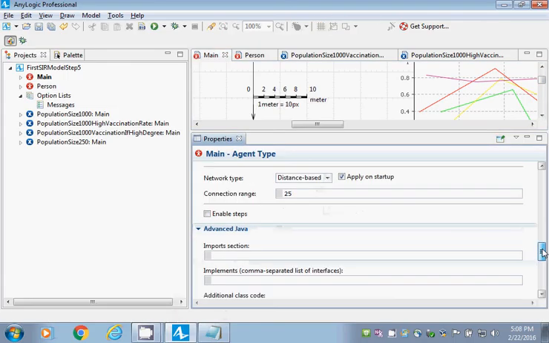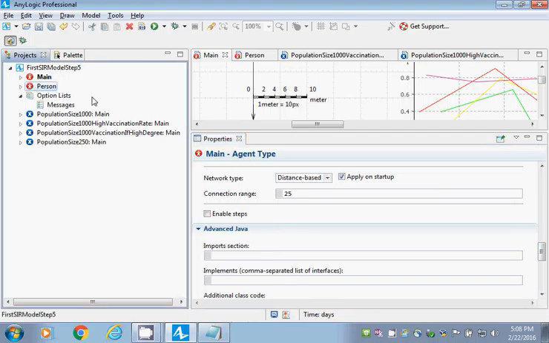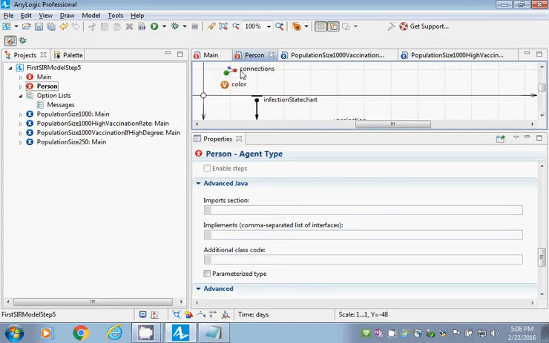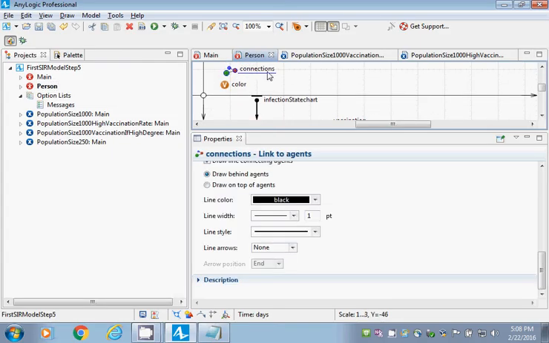Having done that, those individuals who are connected to each other via networks could communicate. In this case, we only used one network, but in general, they could have multiple types of networks, and they could communicate over those connections.